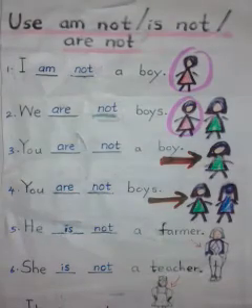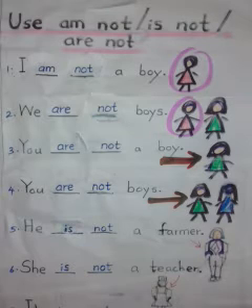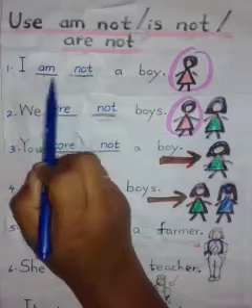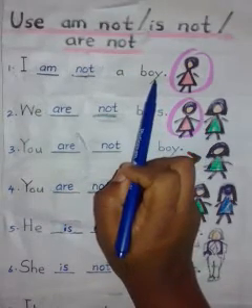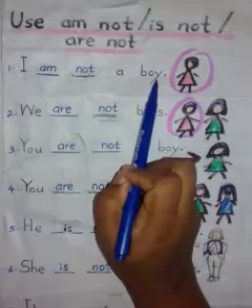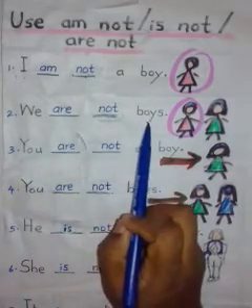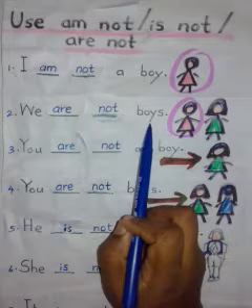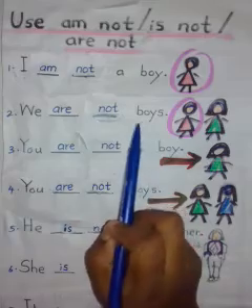Now students, let's read aloud the correct sentences together. 1, 2, 3. I am not a boy. මම පිරිමි ළමයෙක් නොවෙමි. We are not boys. අපි පිරිමි ළමුන් නොවේ.